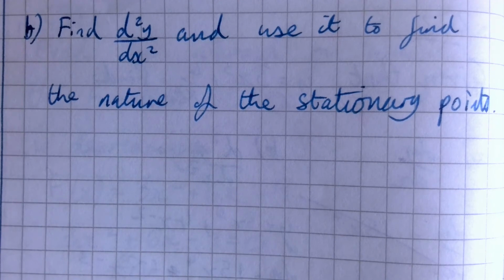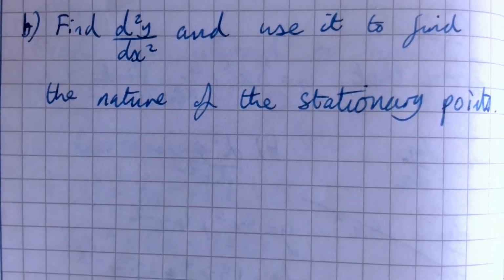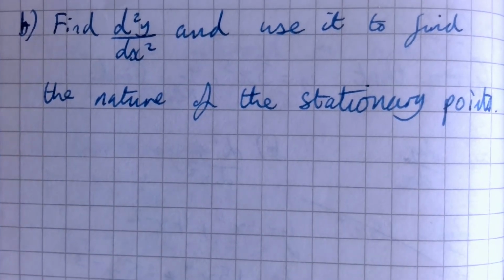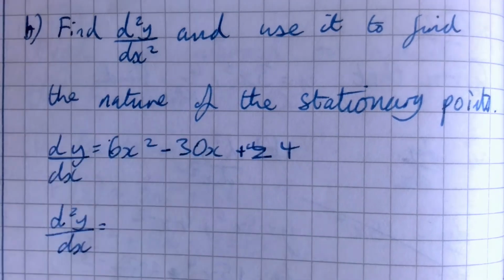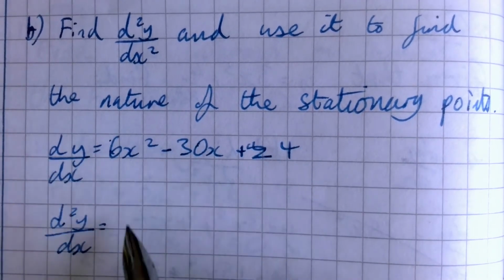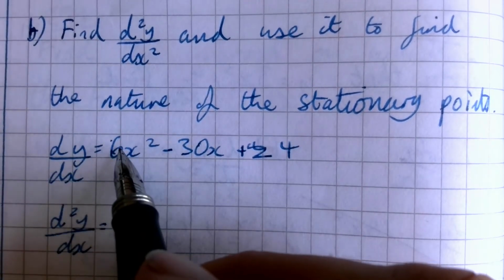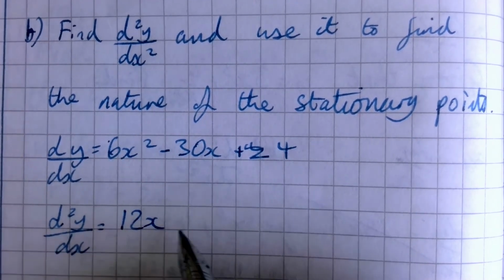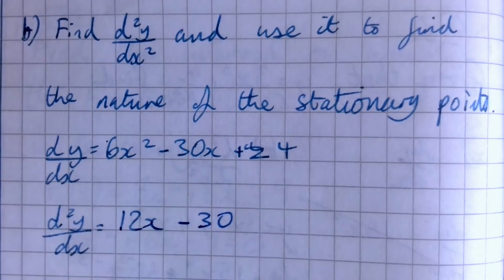Here's the second part. So we've got to differentiate again and then use that to find the nature of the stationary points. Pause the video and give it a go. So we're going to differentiate again. So here's our original differential from the first part. 2 6s are 12x minus 30.